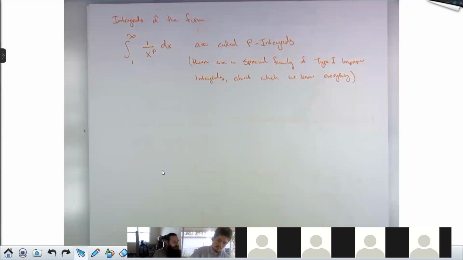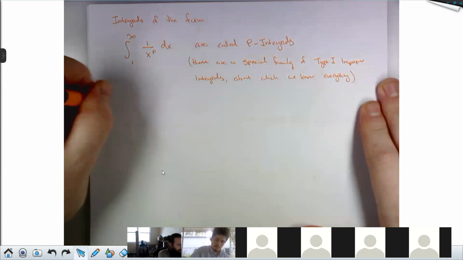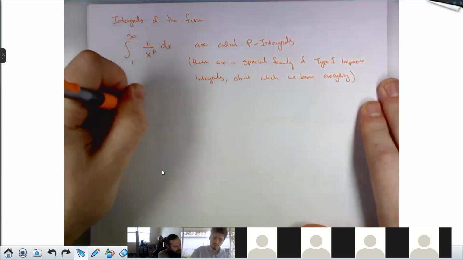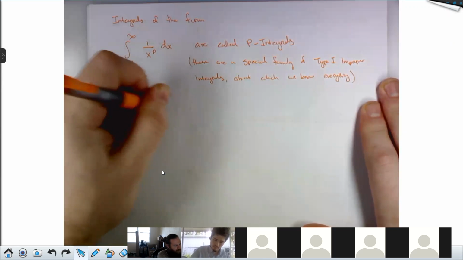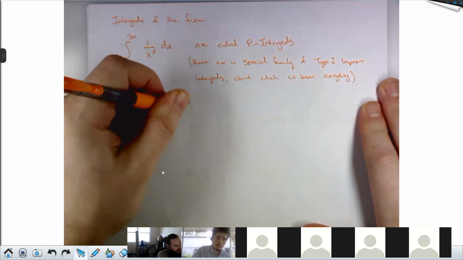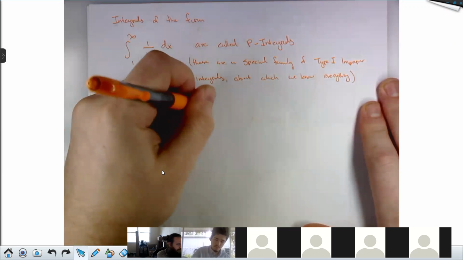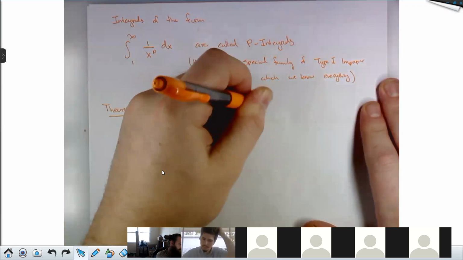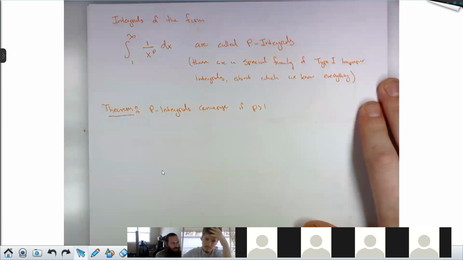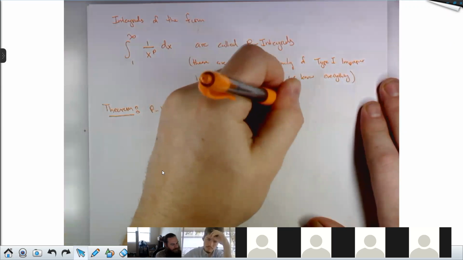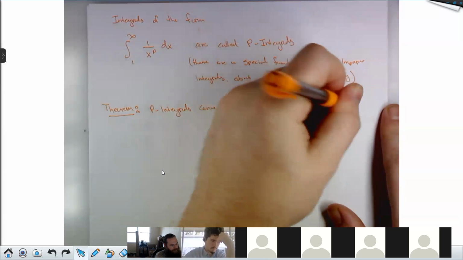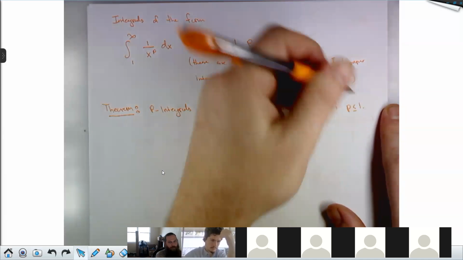I'll give you the theorem and then we'll prove it. Theorem. p integrals converge if p is strictly larger than 1 and diverge if p is less than or equal to 1.